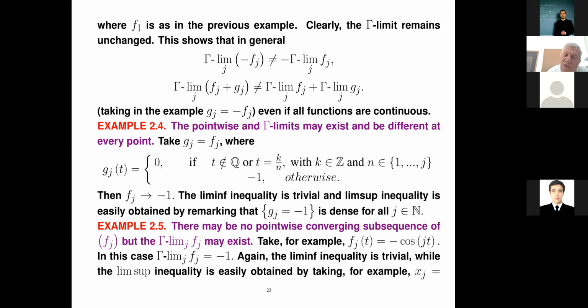But what is the advantage of gamma convergence? It is very well adapted to the problems of mathematical physics. How are they solved? You find some energy functional, and find the minimum of this energy functional. This minimum of the energy functional gives you the solution.